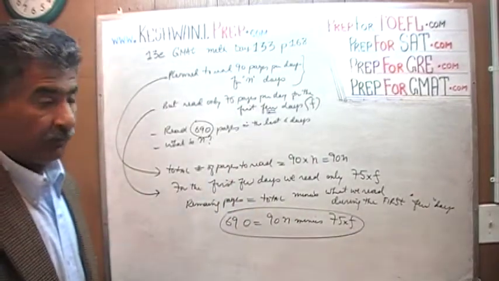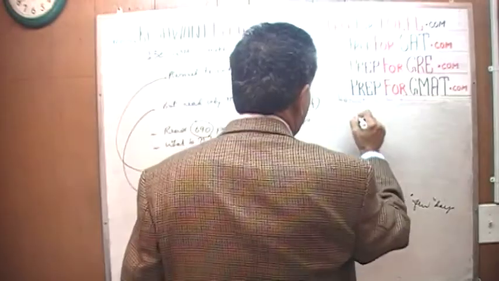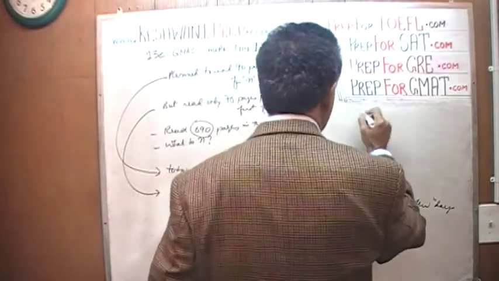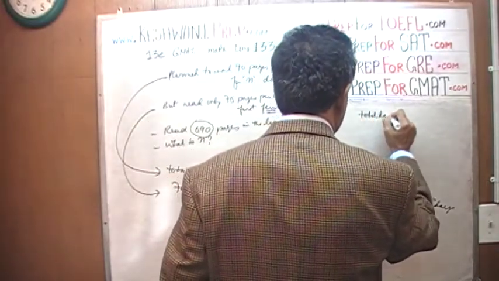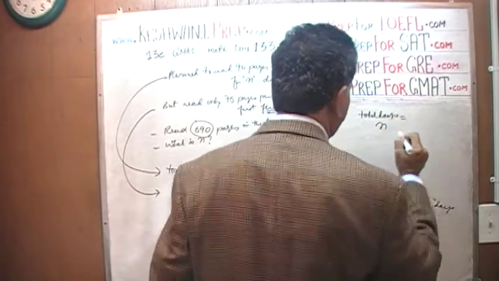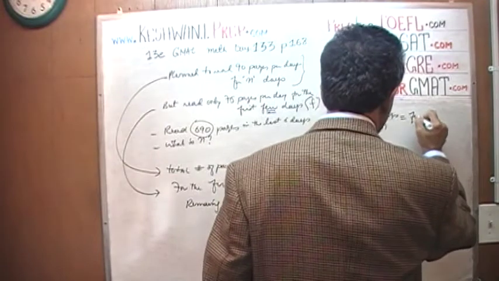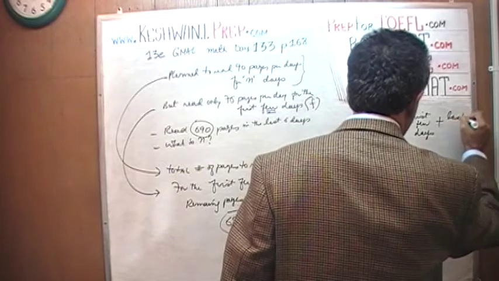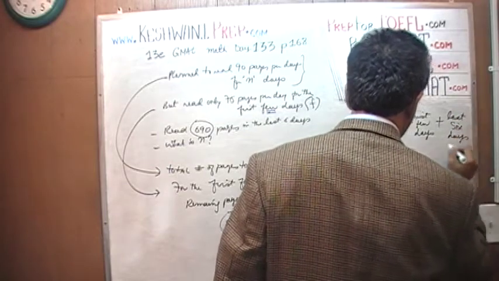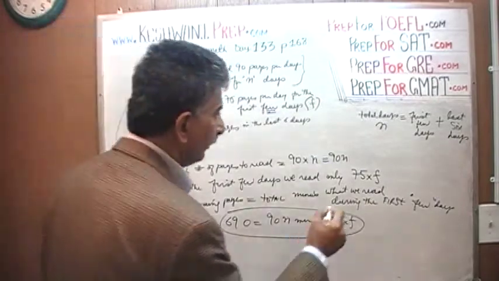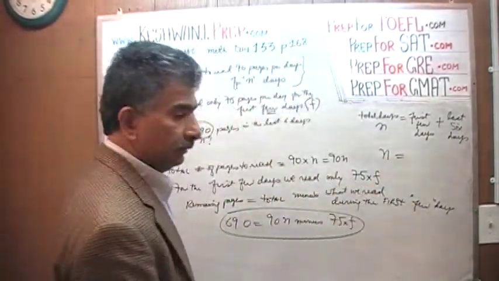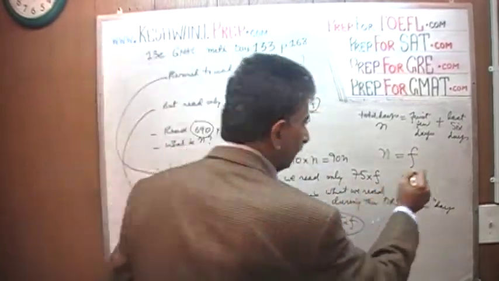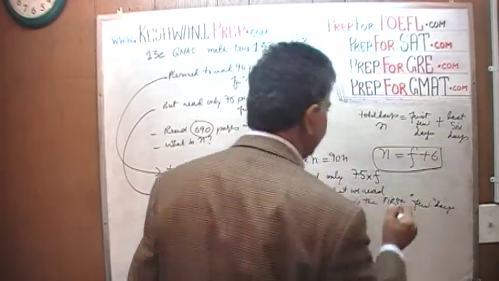Our second equation comes from the fact that the total days was n. Total days n has to equal the first few days, f, plus the last 6 days.